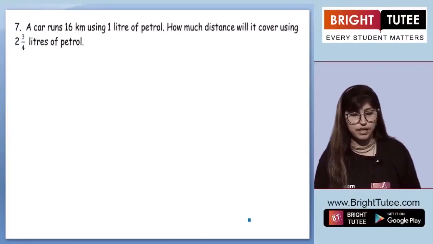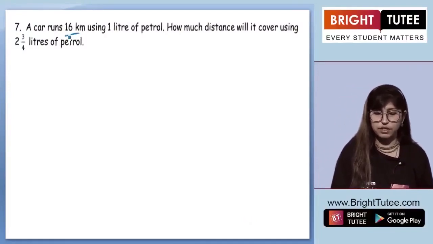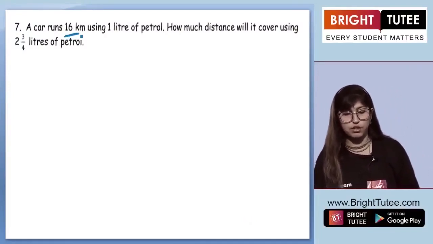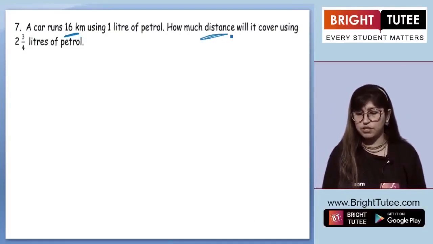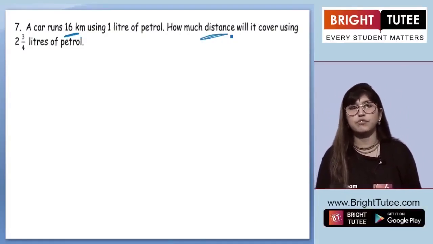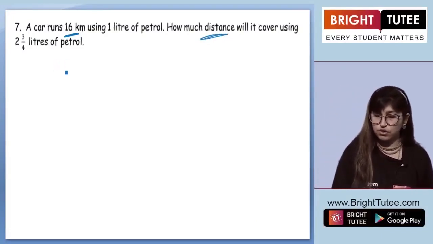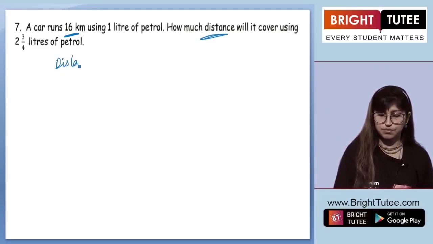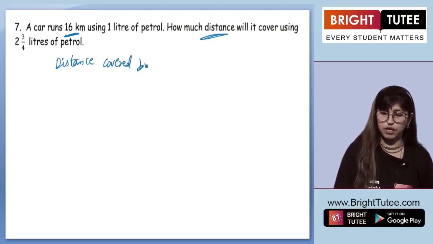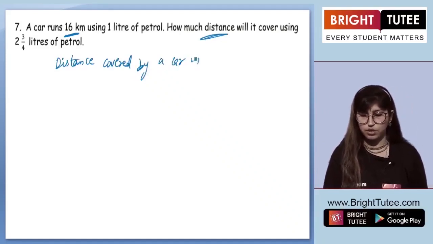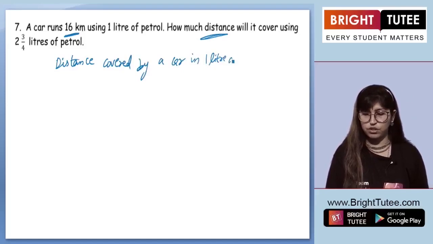Now this question says a car runs 16 km using 1 liter of petrol. Now how much distance will it cover using 2 3/4 liters of petrol? So now, the distance covered by a car in 1 liter of petrol is 16 km.